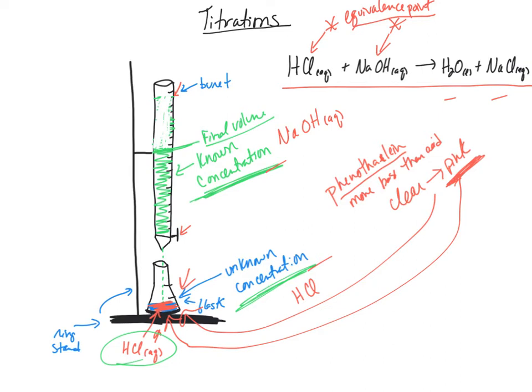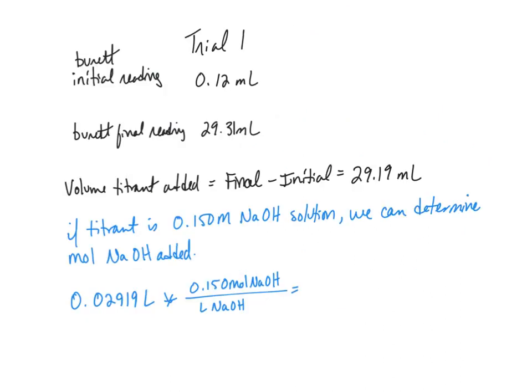So we go back and look at what we collect in the lab, and you might see something like this. So let's say in your first trial, initially you start with a 0.12 milliliter reading of your NaOH. So this is the NaOH. And your final burette reading may be this guy.